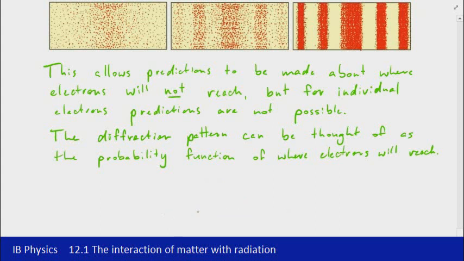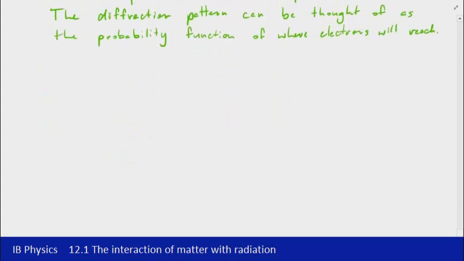Now, in order to figure this out a little bit more, Schrodinger proposed a wave function. What we mean by a wave function is simply a function that describes the shape of the wave that corresponds to the particle. The idea of what that wave function actually describes in terms of physical properties is still being debated today.